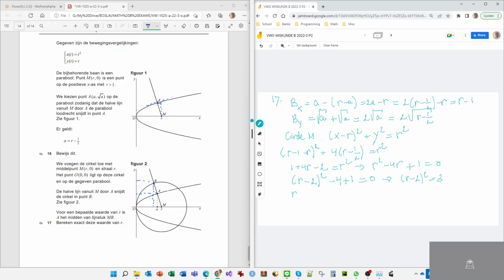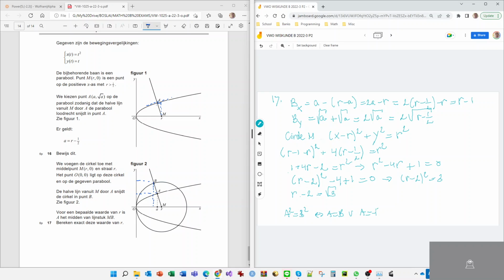So r minus 2 is equal to the square root of 3. That's a squared is equal to b squared, which is equivalent to a is b or a is minus b.